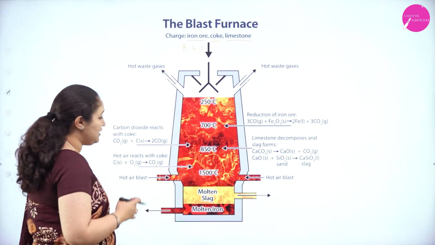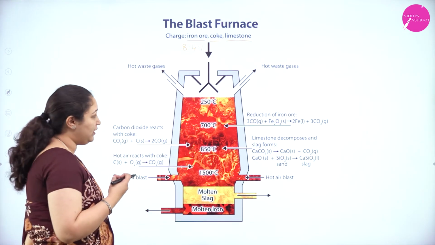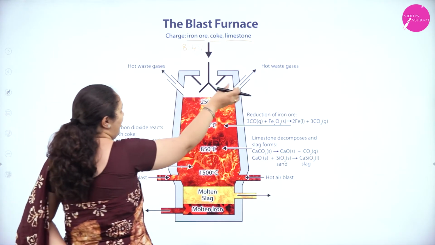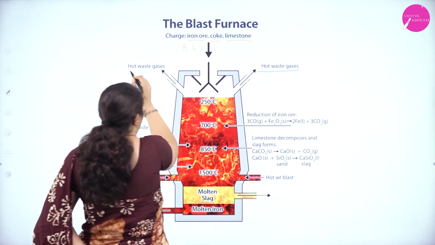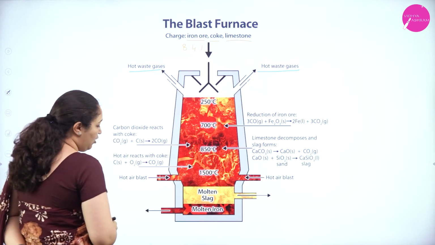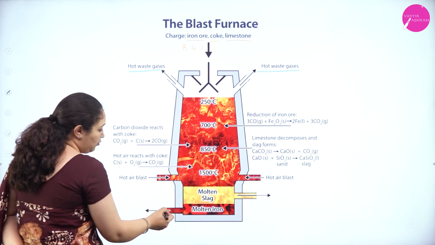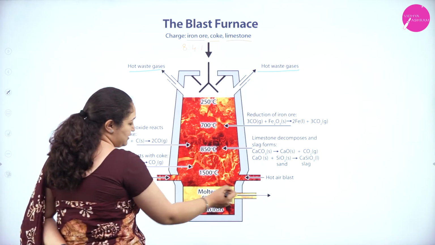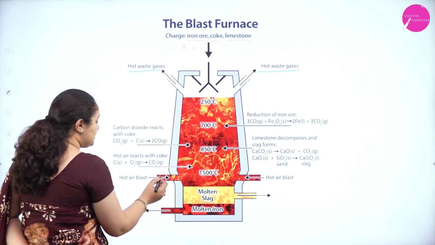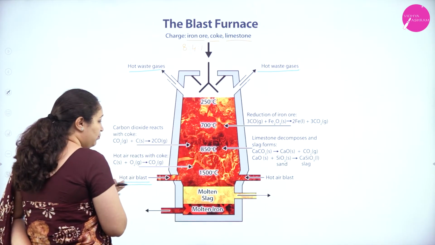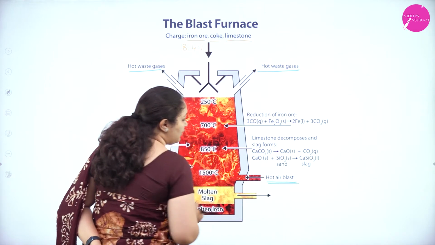Also, you can see there are quite a number of openings. Above, you can see there is an opening for hot waste gases. You can also see there is an opening to remove the molten iron and molten slag, and also you can see there are two openings to put in a blast of hot air.